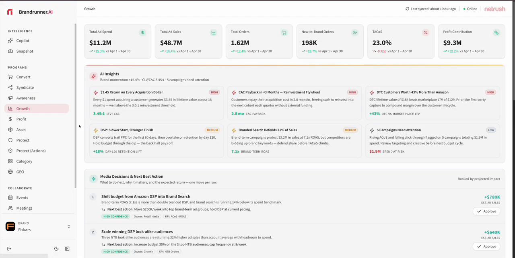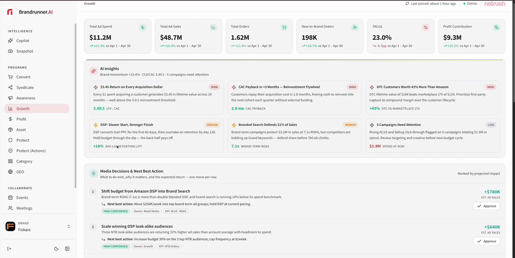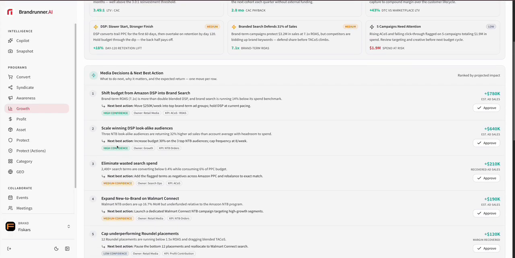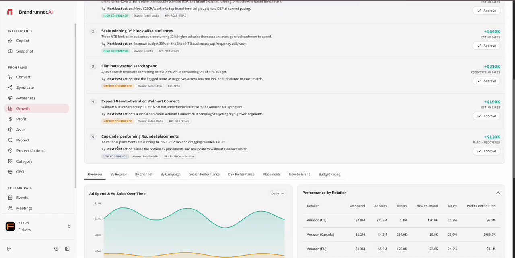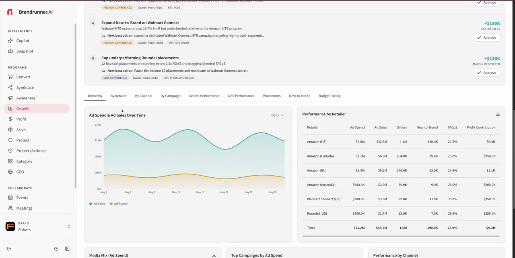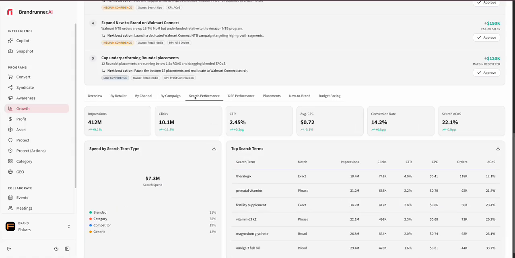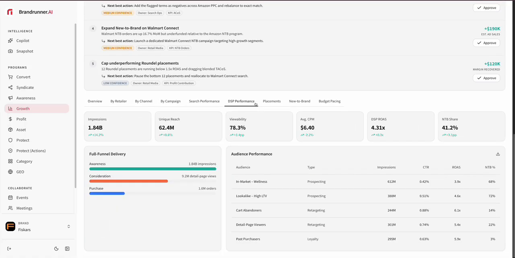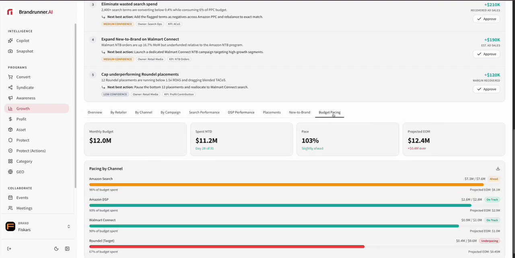The growth section is the one that's evolving the most. This is where we bring in core marketing and advertising data, both PPC and DSP data. We're tracking by campaign, by channel, looking at search performance, channel performance, looking at the specifics about underperforming or overperforming, budget pacing.